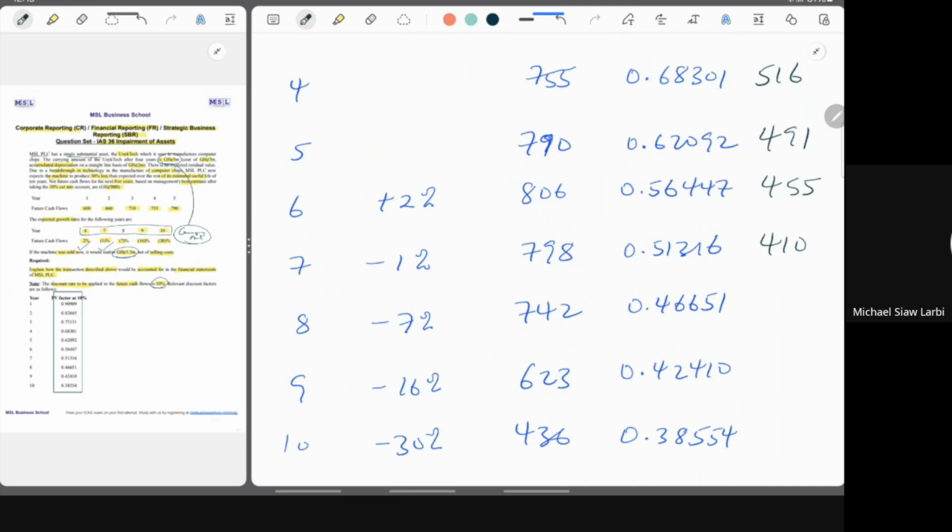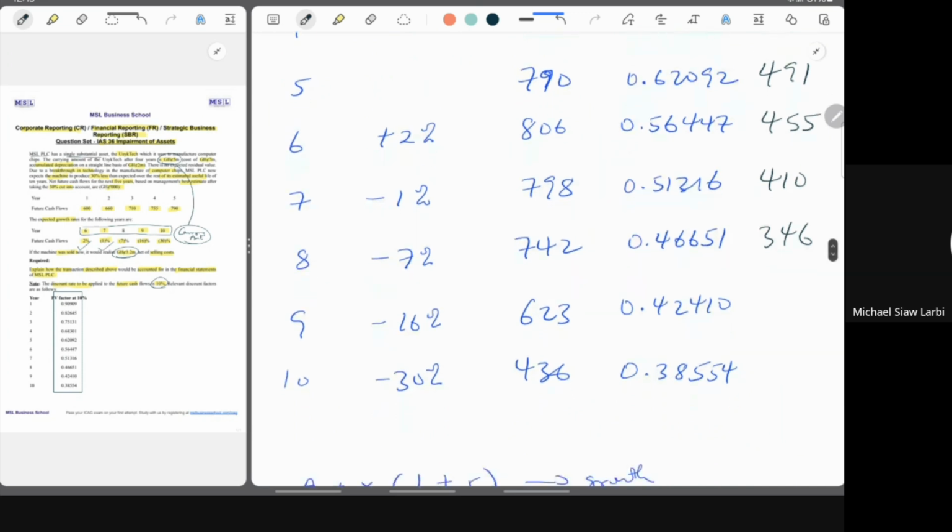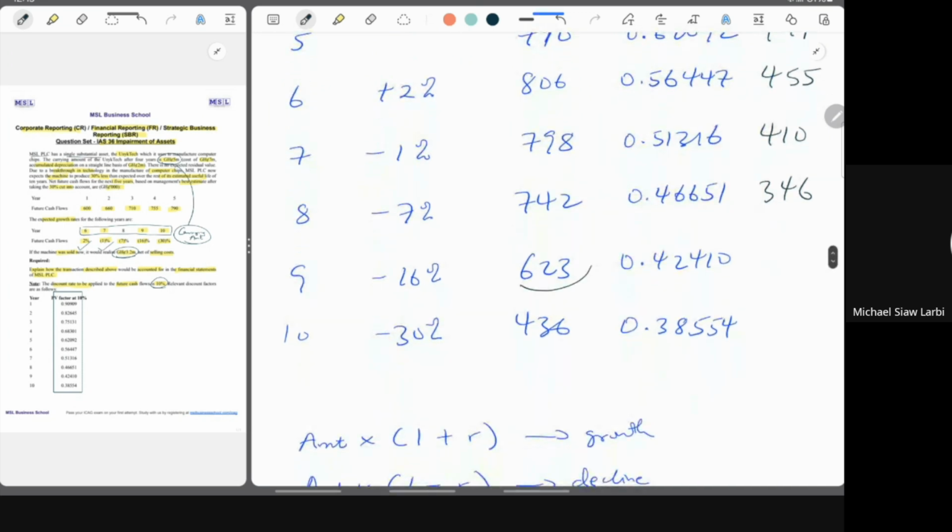The next one is this times that. So we have 742 times 0.46651. That should give me 346.1. That would be 346. Year 9, as usual, this times this.